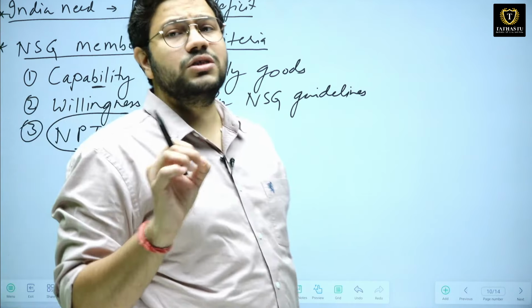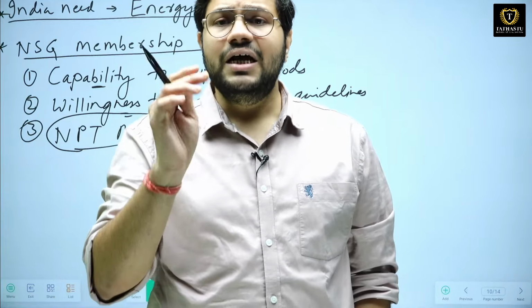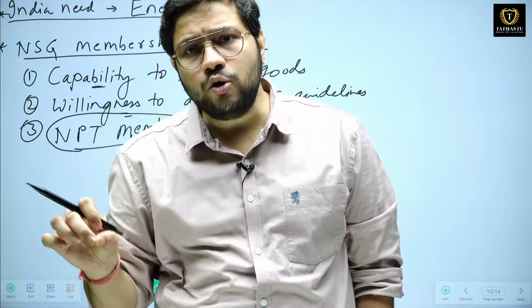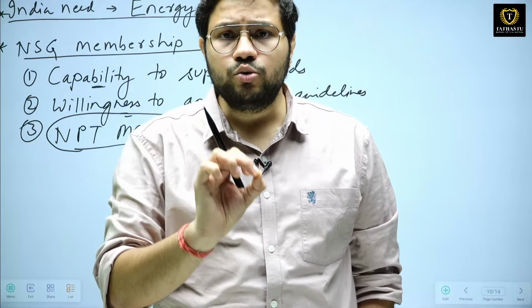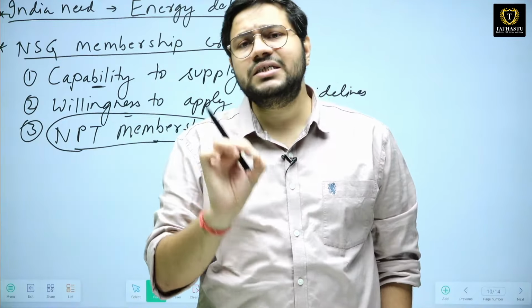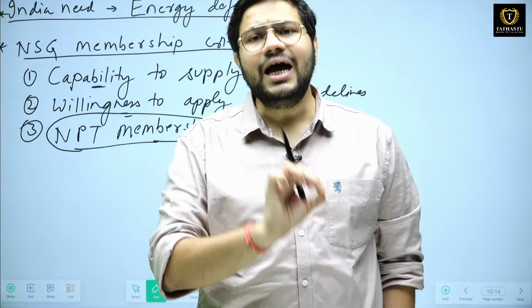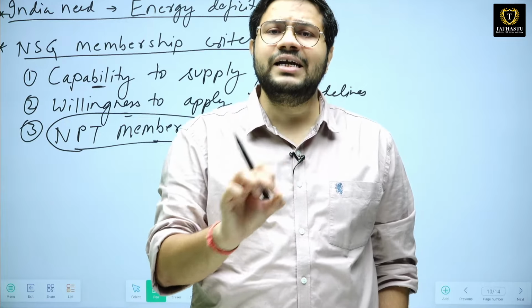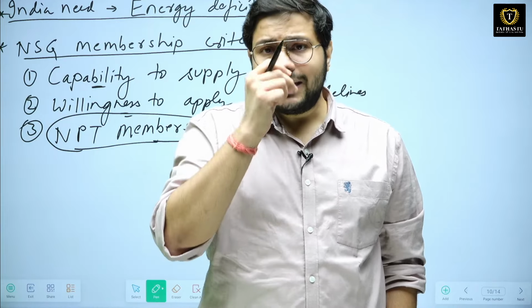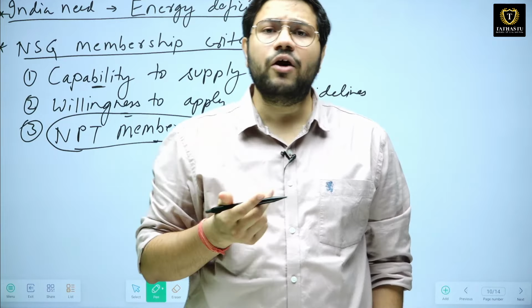And why is India not signing the NPT? As we have seen, the NPT divides nuclear capable states and non-nuclear capable states according to those who have tested their nuclear weapons till 1967. But India tested its nuclear weapon in 1974. So can there be another way of joining?